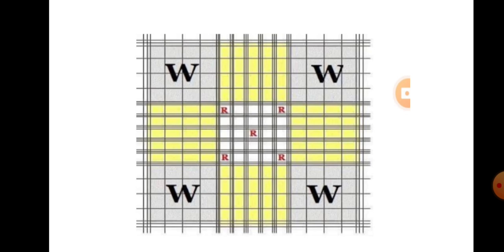Each of these squares, for example the WBC square at the left corner, then the middle yellowish one, and again the WBC square at the right corner, is 1 millimeter by 1 millimeter, that is, 1 square millimeter.